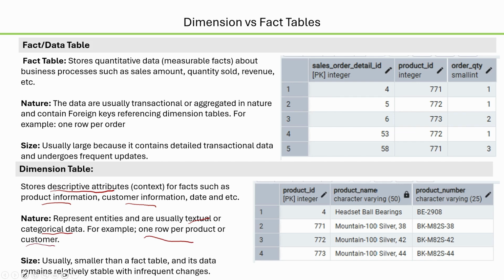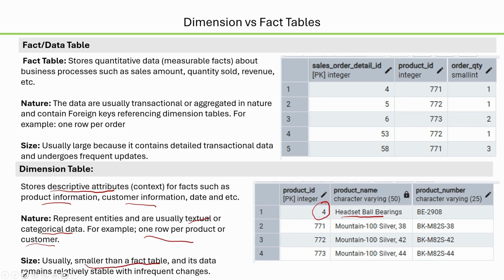As you can see here, and as we saw in the last session, one product can represent one headset, basically a headset ball bearing, and this can then have other attributes like product number, color, and so on. Because of the nature of dimension tables, they are usually not frequently updated, and so they are smaller than a fact table.